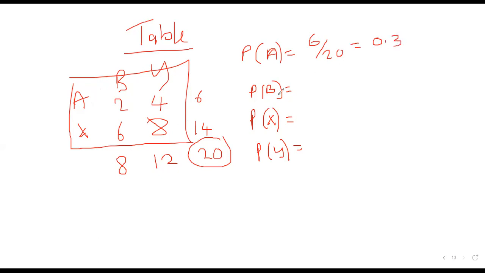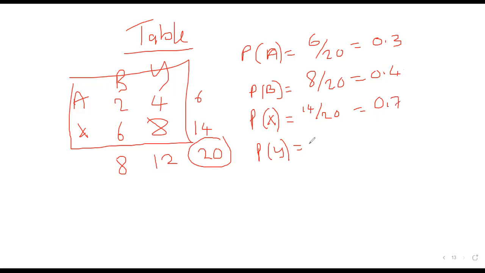What's the probability of B? 8 over 20, which is 0.4. X, 14 over 20. Which is what? 0.7.